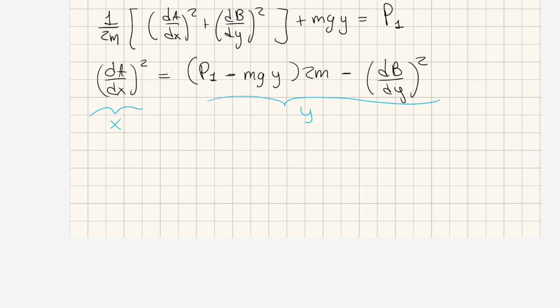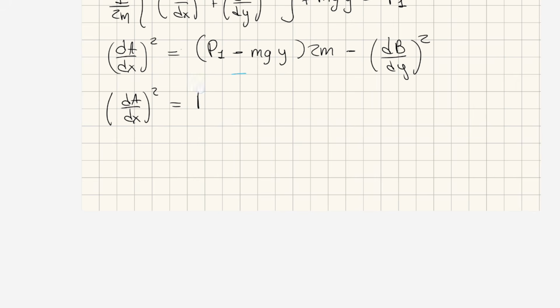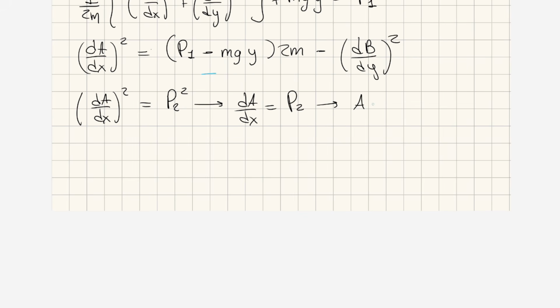Okay, so what we are going to set is that the derivative of a with respect to x squared will be equal to, maybe, p2 squared, taking that the derivative of a with respect to x will be seen just as a constant p2, and making that a as a function of x will be equal to p2x.